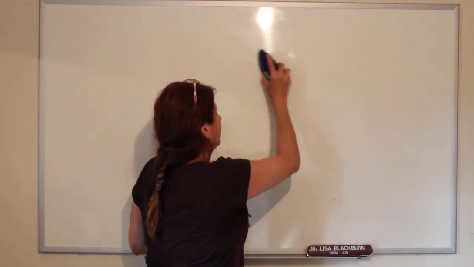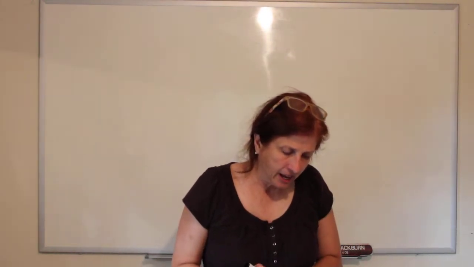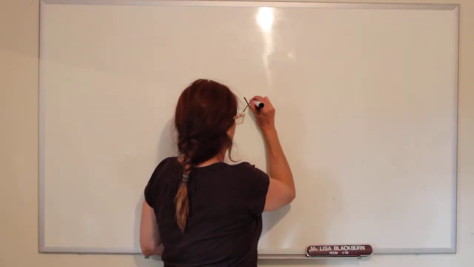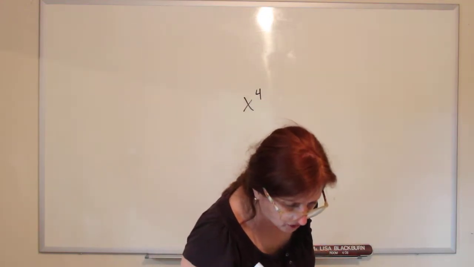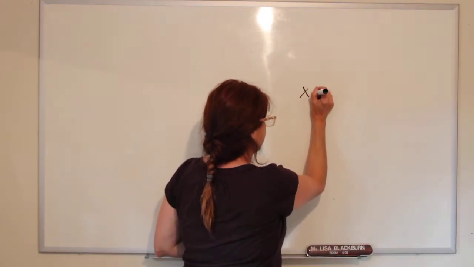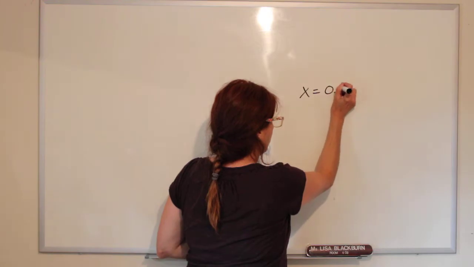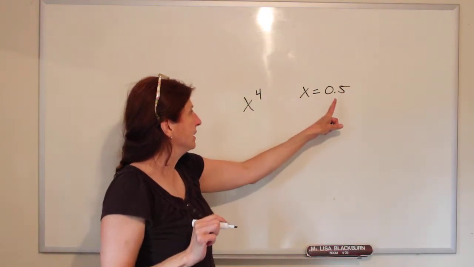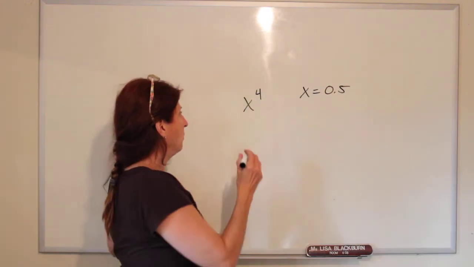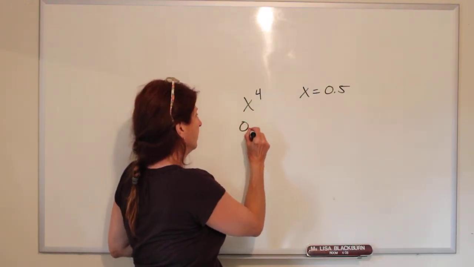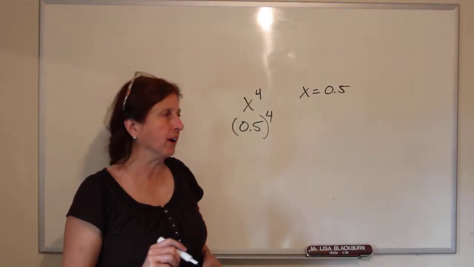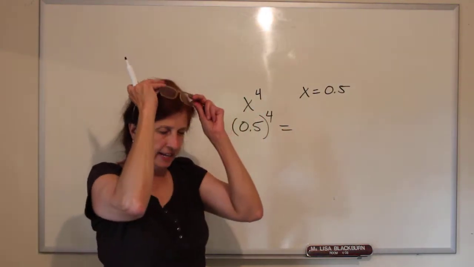And if they say evaluate, here we have x to the 4th power, and they say evaluate when x equals 0.5. Okay? So what that means is we're going to substitute 0.5 for x, and then we're going to put it to the 4th power on our calculator and see what that equals.